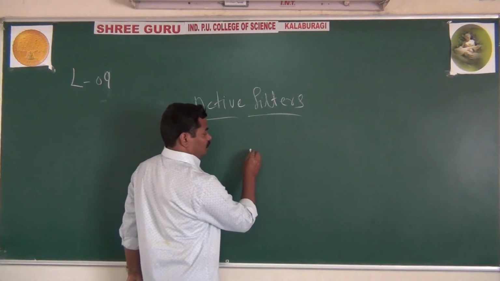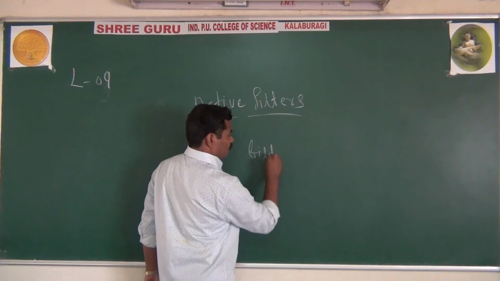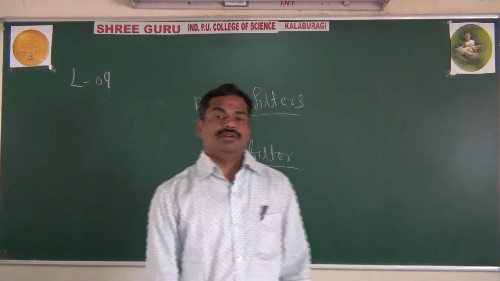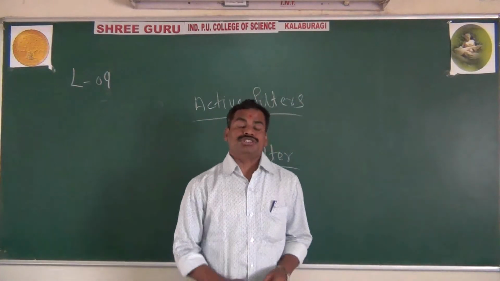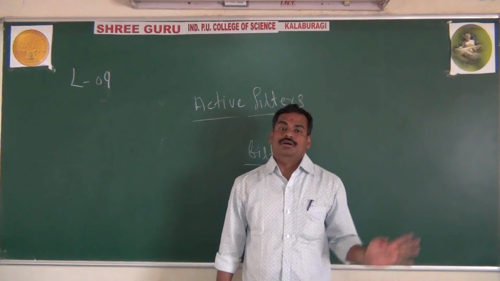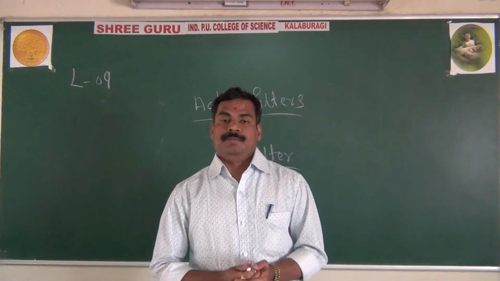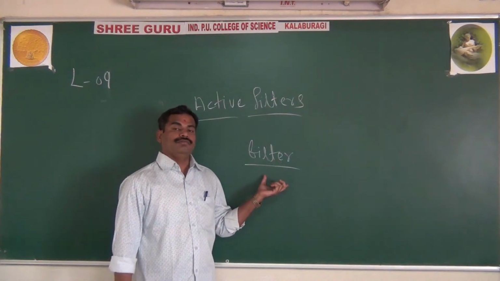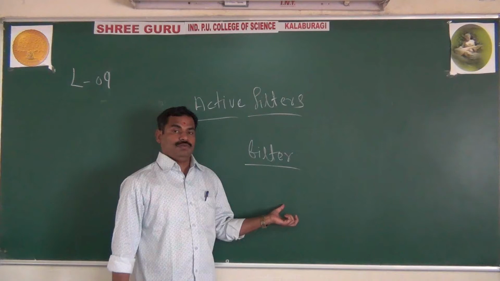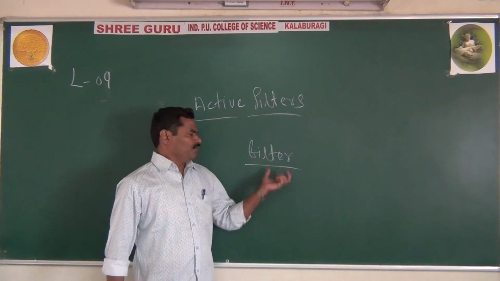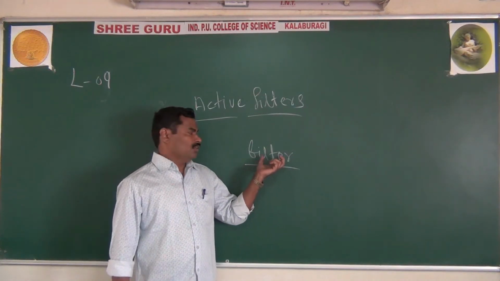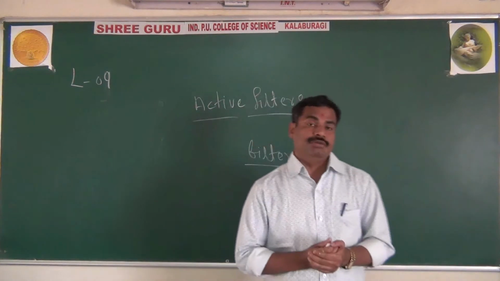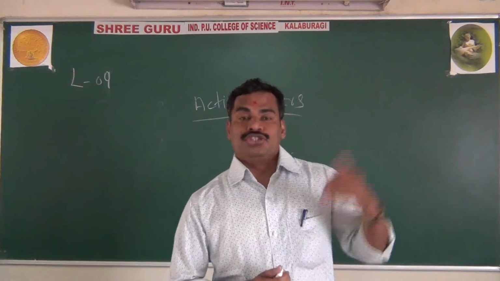First you should know what a filter is. It is an electronic circuit or device, and by using it we can remove some signals and allow some signals. Or you can say you are giving importance to the frequencies. The filter is a circuit or device that will allow some frequencies and attenuate or stop some frequencies.